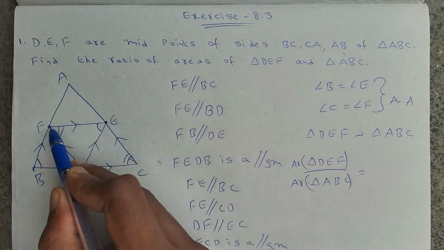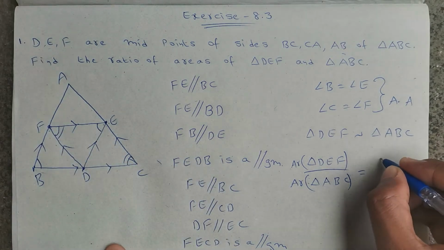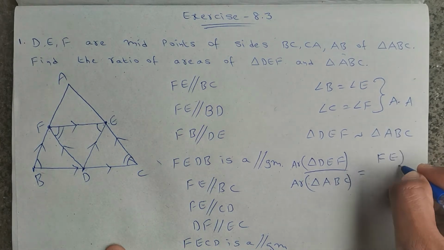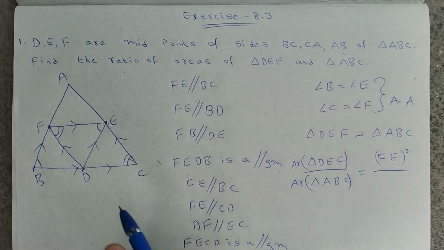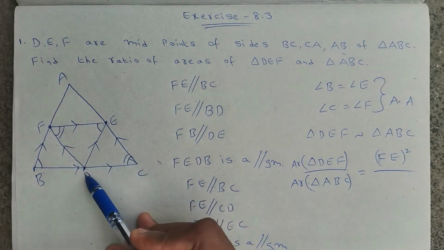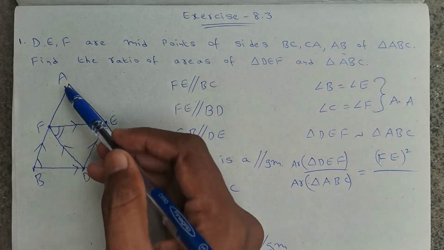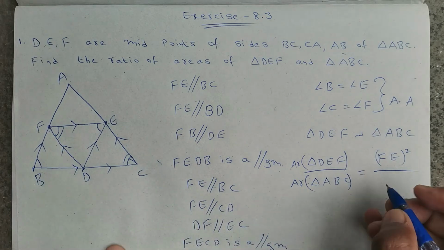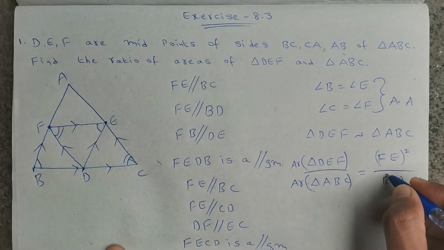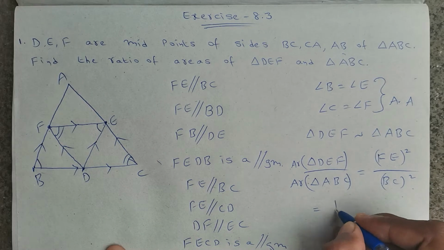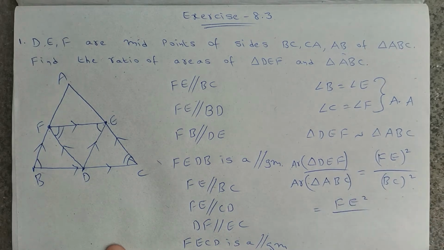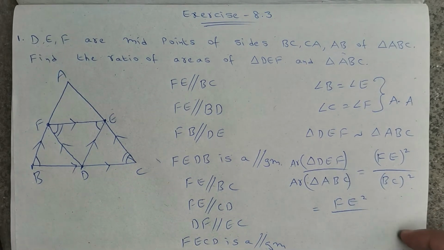So for DEF, I took the base FE, and for ABC the base will be BC. So the numerator as it is, I am writing FE square, divided by BC square.